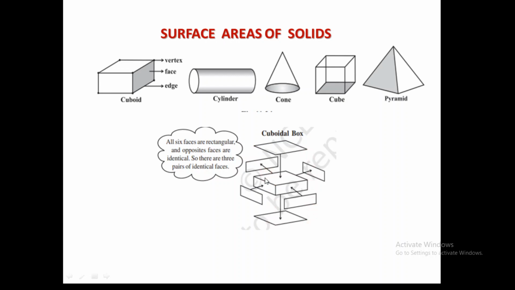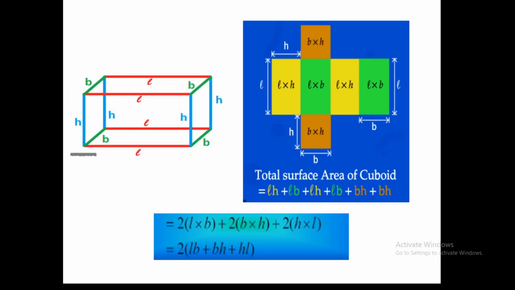So to understand it clearly, we go to the next page. Look at this. This is a cuboid. This is the length. These 4 edges are the lengths, and the green colored ones are breadths, right? And the height we know already, this height.